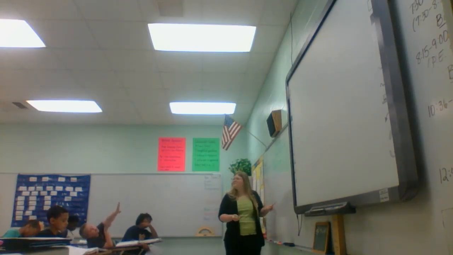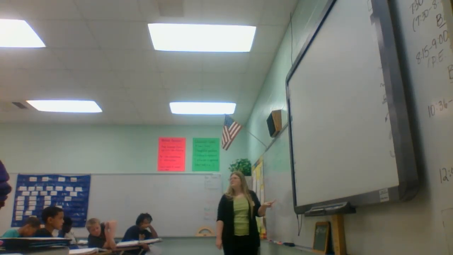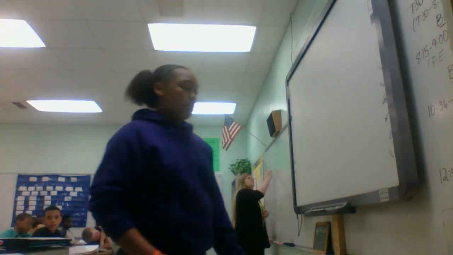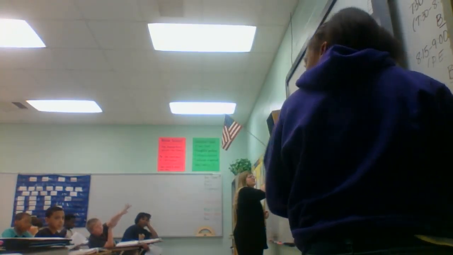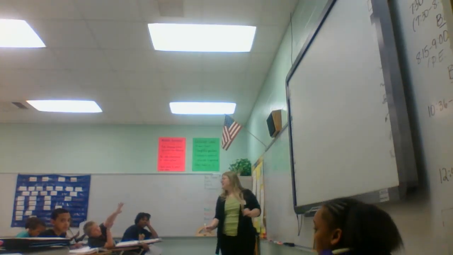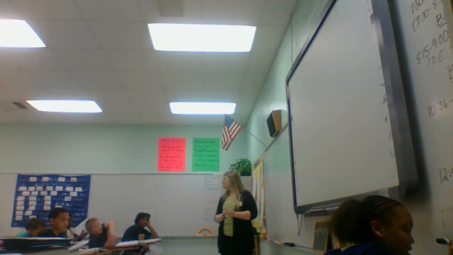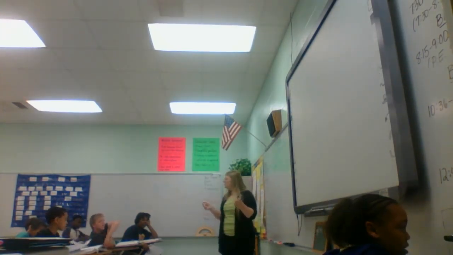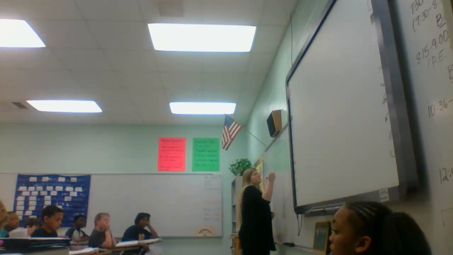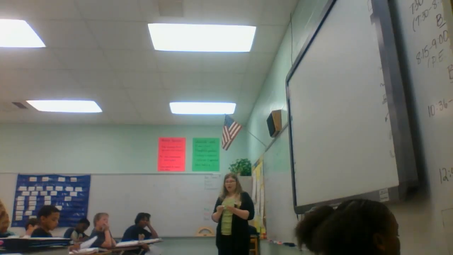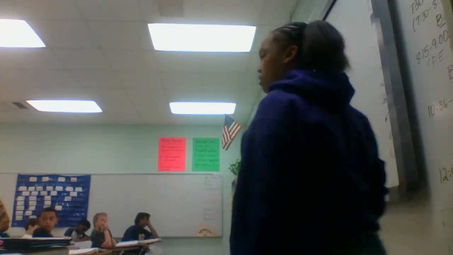What do these represent? The number of friends. Okay? So we have the number of friends. What does this side represent? Just the money or cost of ticket, the cost of them to go, or you could just put total cost.